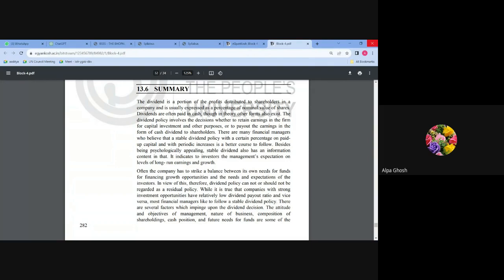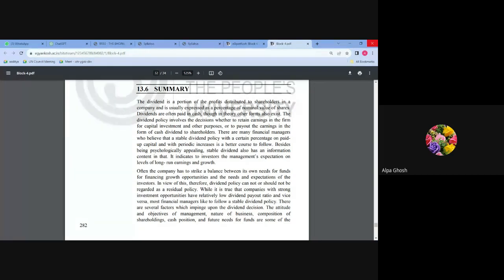Many financial managers believe that a stable dividend policy, with a certain percentage on paid up capital and with periodic increases, is a better course to follow. So we should always go with stable dividend. It should not be that in one year we pay dividend at a huge rate and for the next three years we do not pay.